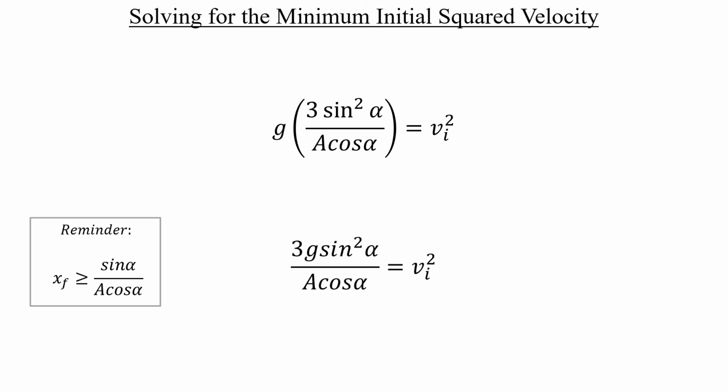Well, we can just apply a greater initial squared velocity. As long as the bare minimum is reached, anything larger than this will also work. So that's why the inequality from the problem description is greater than or equal to the ratio on the left.